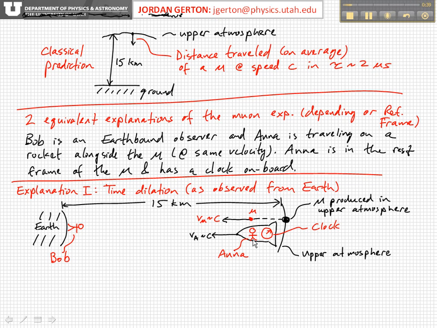Now Anna is in a rocket, again, that's also traveling at the same speed, very close to the speed of light, right alongside the muon, and she's got a clock in her rocket, and so she's in the rest frame of the muon, traveling along with it.